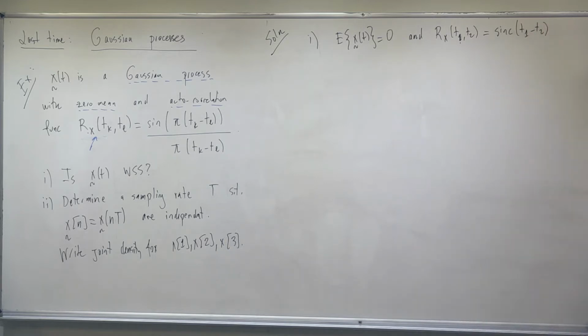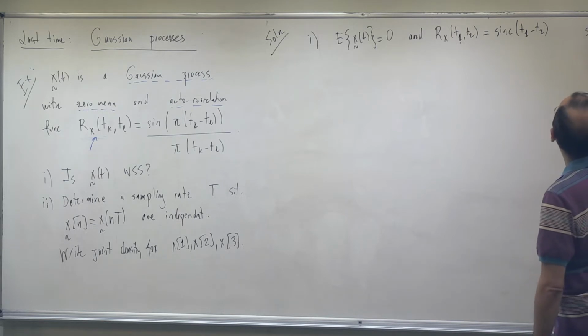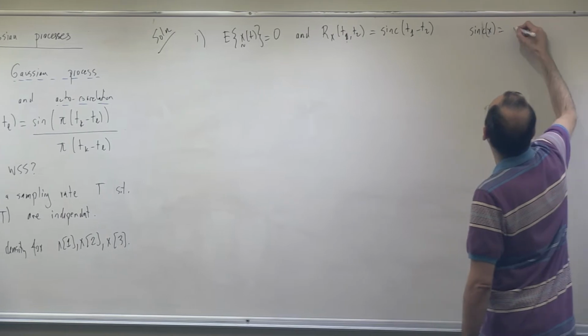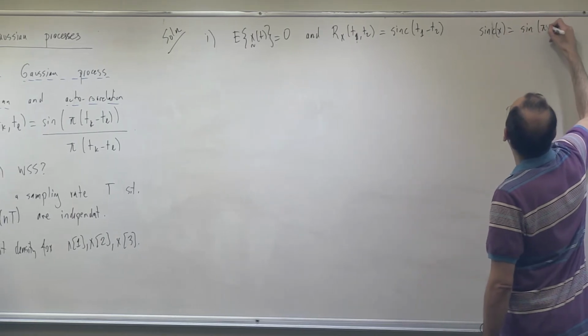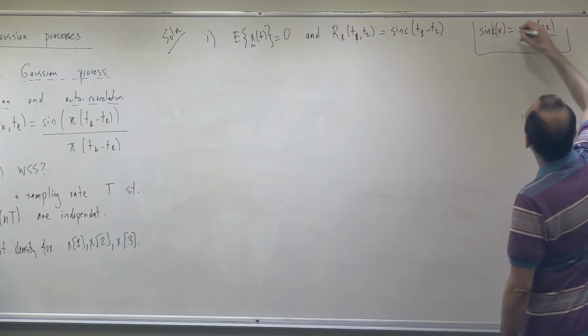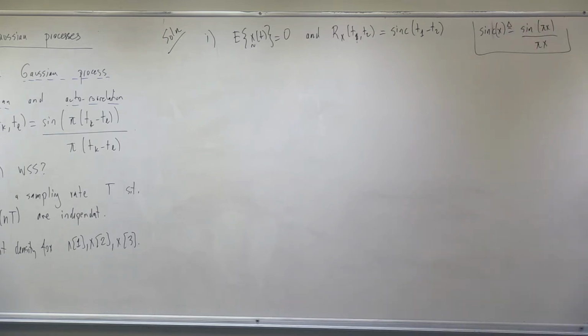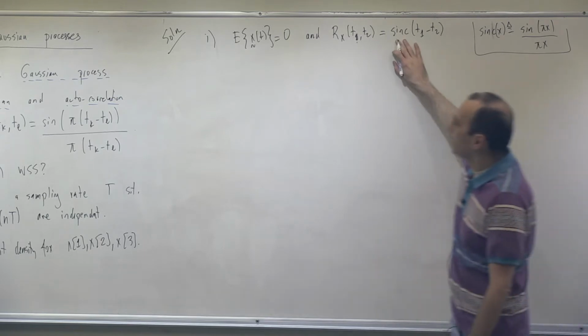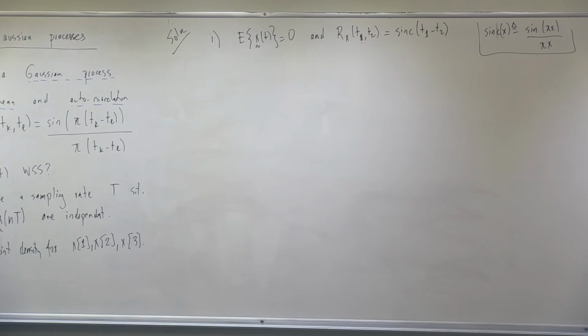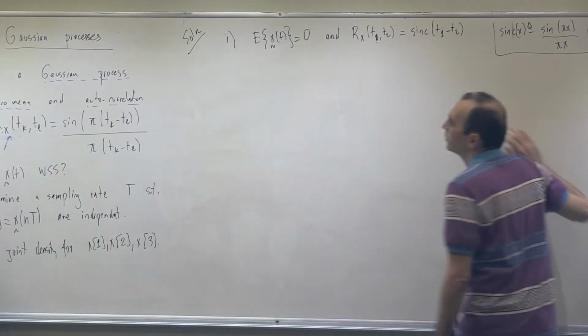Of course, the sinc function, let me write it over here, sinc of x is sine pi x divided by pi x. Sinc function is a frequently used function, so we are defining this as its definition. So this is from the problem statement.